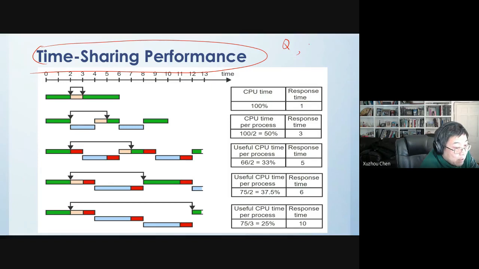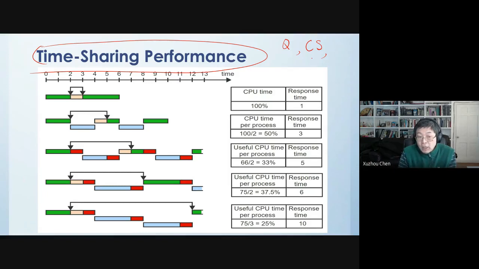The other thing it's related to is context switching. Why do I mention context switching? Because with time sharing, the round robin can frequently do context switching. And the time quantum tends to be very small, like 10 milliseconds to 100 milliseconds.